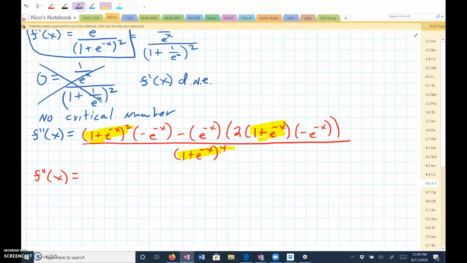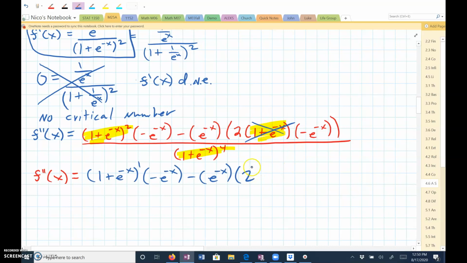That reduces all the way through here, so this is going to be 1 plus e to the negative x to the first. This would cancel out. And then this would become 1 plus e to the negative x to the 3rd power.